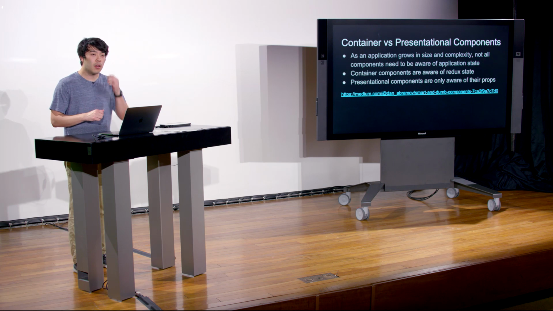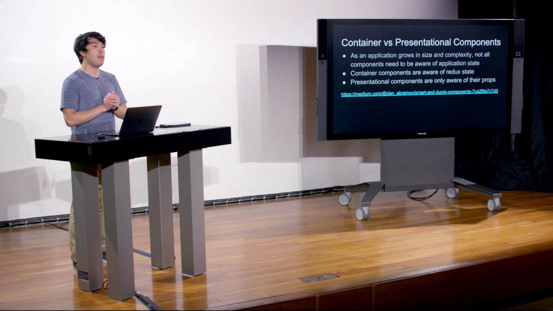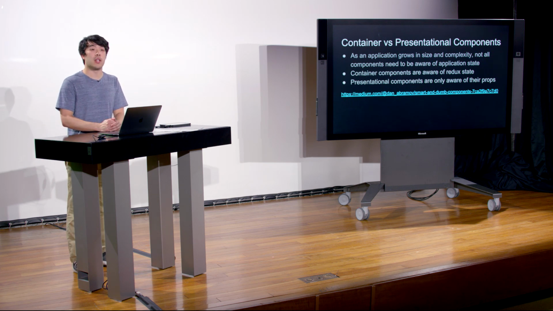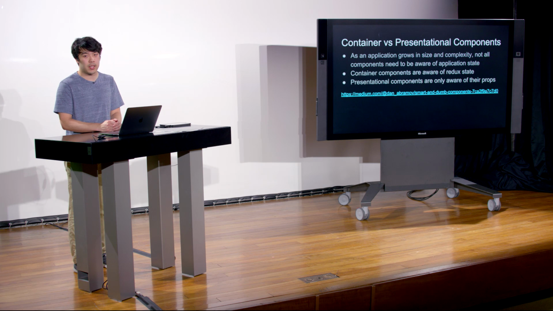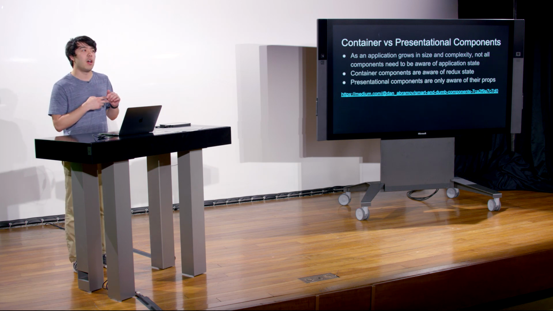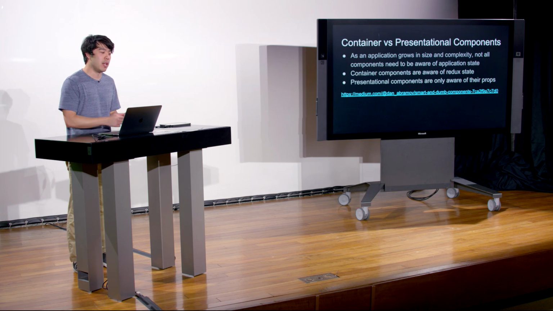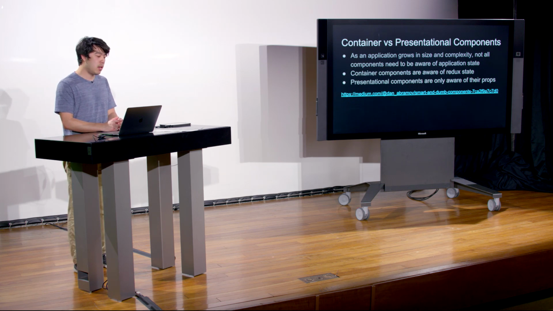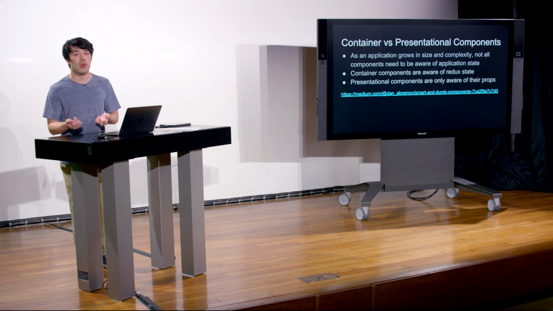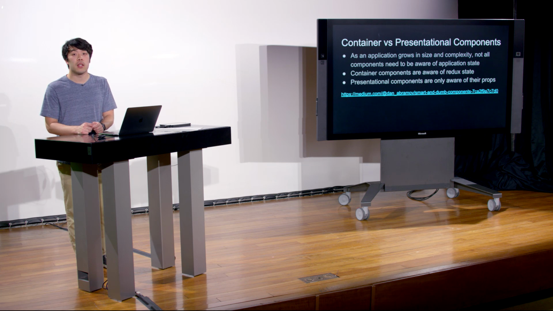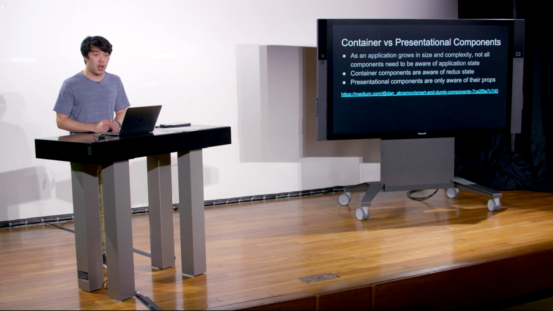It should be looking to its parent to pass the data down to it. Whereas if I have a whole screen, where maybe the screen does care about the Redux state because it needs to handle things like navigation, or needs to listen to the state and pass it down to its child components, that's when something should listen to the Redux state.